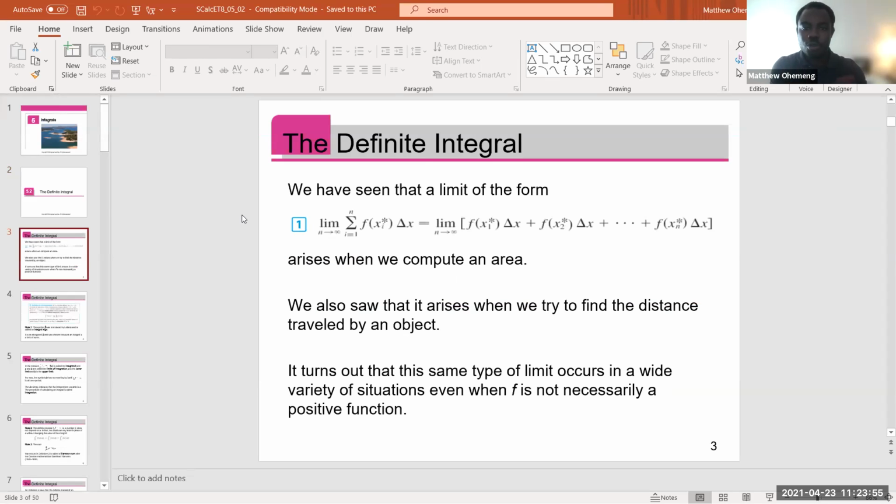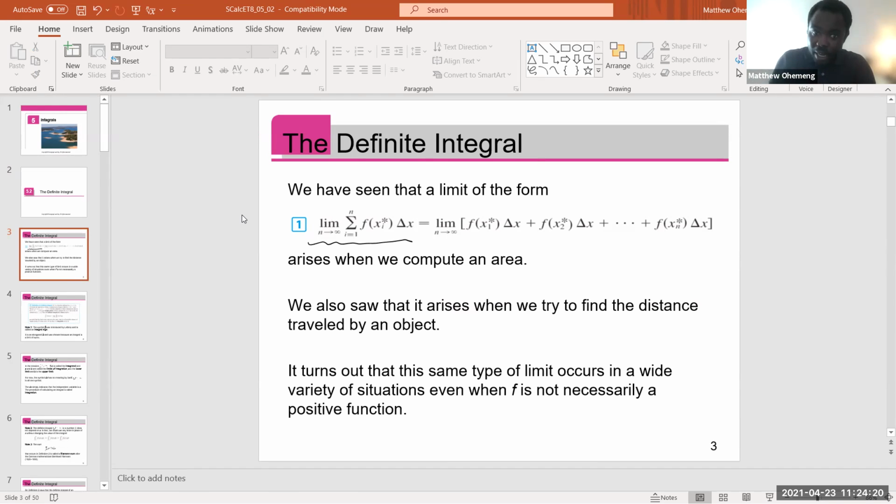Now, 5.2 is based on a lot of stuff that we've learned in 5.1. Now we're going to have a definition for some of the stuff we've seen in 5.1. For 5.1, we said that this limit, the limit of sums, is the same as the exact area or the total distance, the exact total distance, right? So it pops up in those two cases, in those two problems, right?